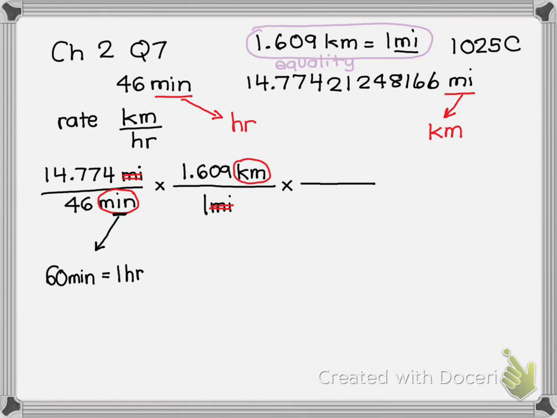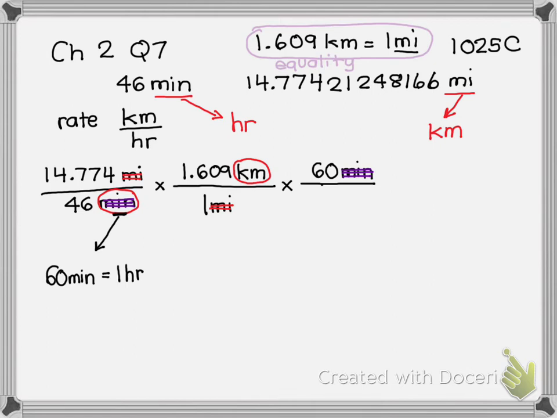So in my conversion factor, I'm going to put the 60 minutes on the top, because the whole idea with units is we're getting them to cancel. So now the minutes that I started with in the denominator are canceling with the minutes over here in the numerator, and it doesn't matter that they're separated. In multiplication and division, it doesn't matter.